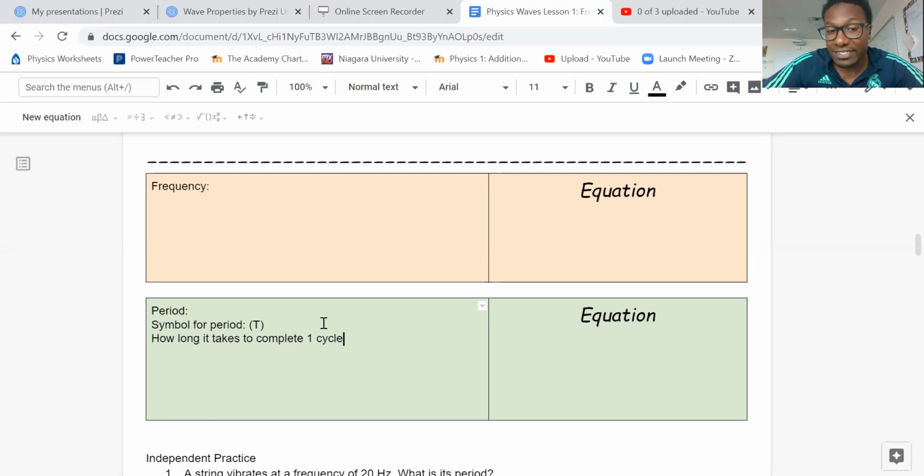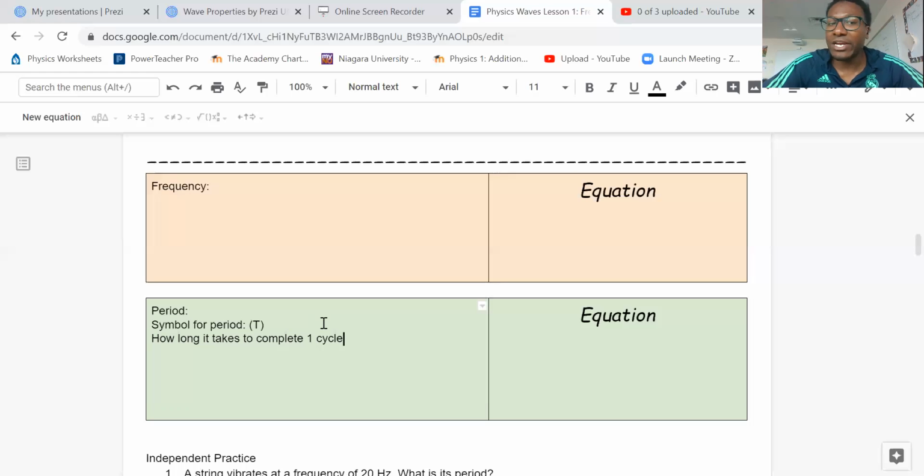It is how long it takes to complete that one menstrual cycle. So they might say 28 days is the time that it takes to complete one menstruation cycle. If we're looking at the moon phase cycle, they would say 29 days or 29.25 days.